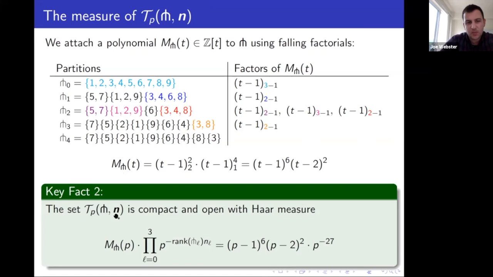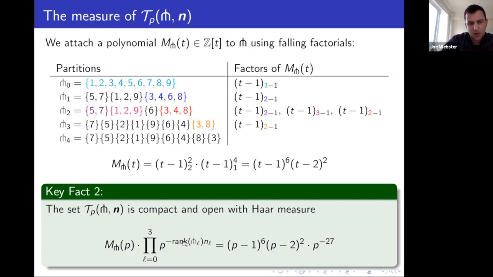It could be empty, but it's still compact and open in that case. If it's not empty, it still has this very nice form, which I want you to notice again is this polynomial evaluated at p, times a product of powers of p that again are very simply determined by the sequence of partitions and the sequence of n_l's.